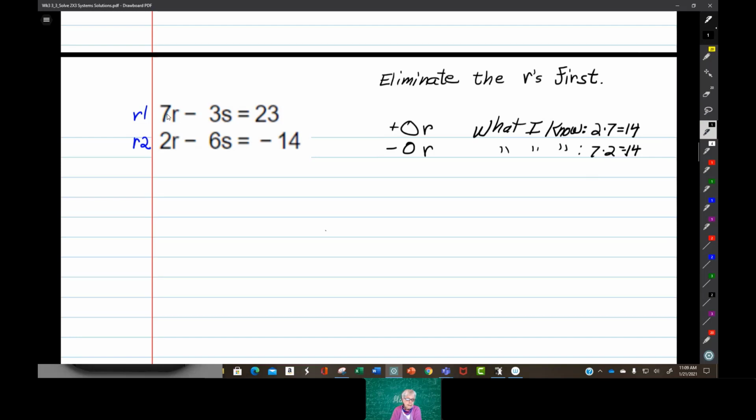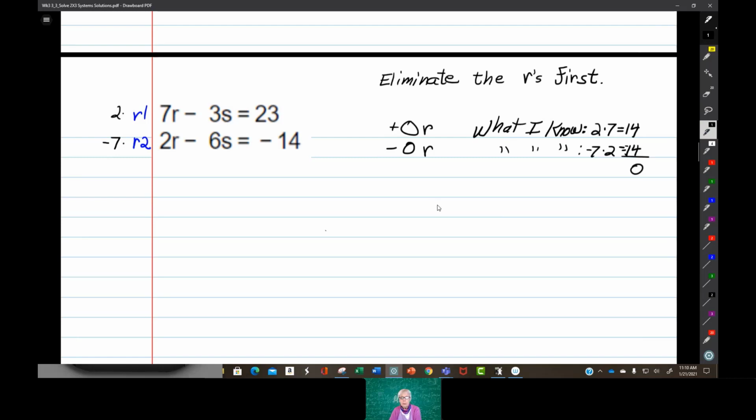All right, you're going to get a positive 14 and a positive 14 if you multiply this row by 2 and this row by 7. But what if I divide this row by negative 7? Then I'll have negative 14. And then 14 minus 14 would be 0.